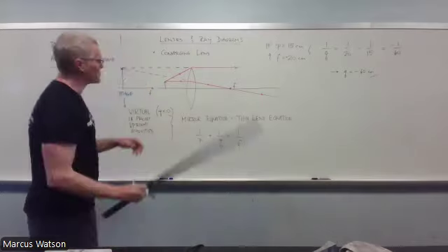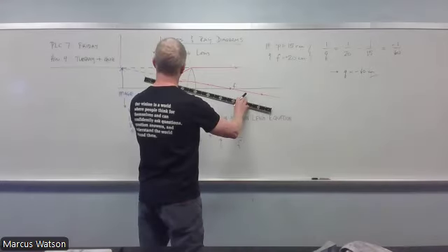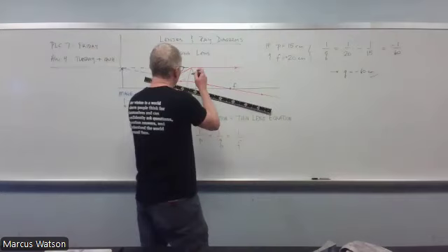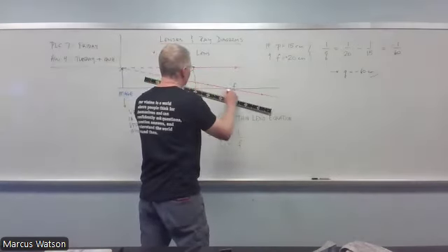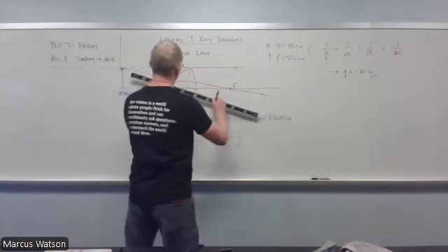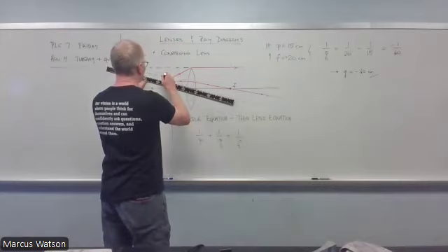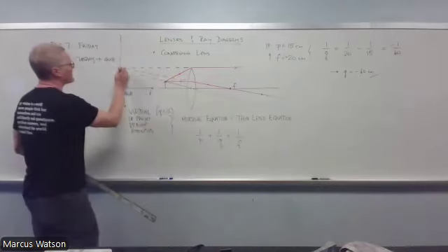Incidentally, I noticed I didn't draw my last ray here, which would have been the one that goes through the center. Let's see if I can just do that one for you real quick. My third ray to choose here would be that one. It goes through the middle of the lens undisturbed, and had I traced that one back, it's going to land in there.